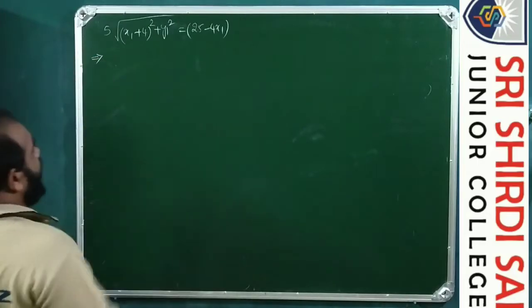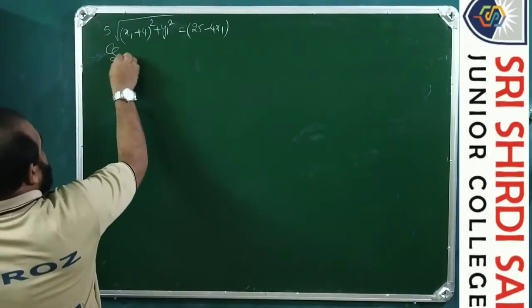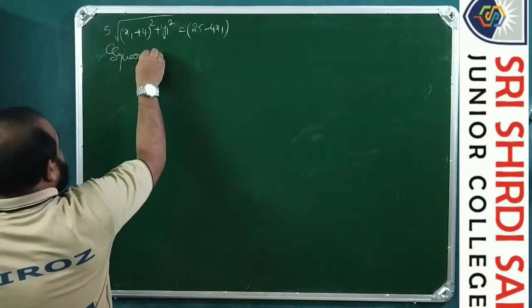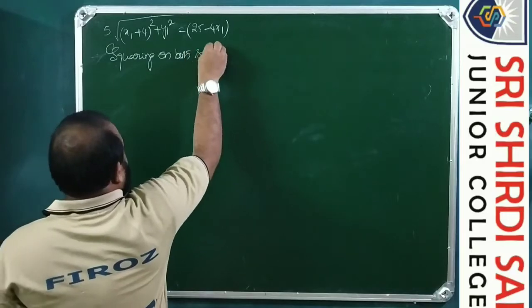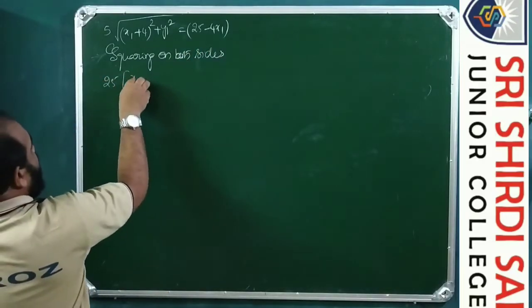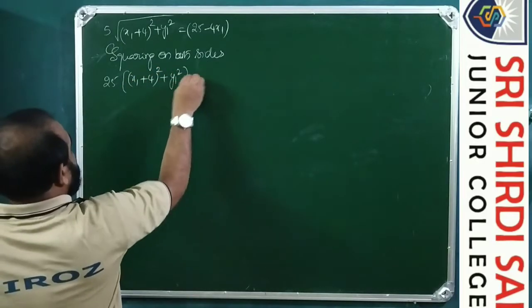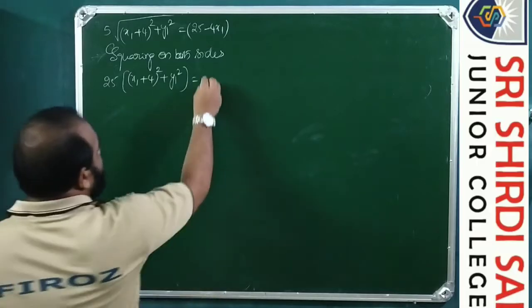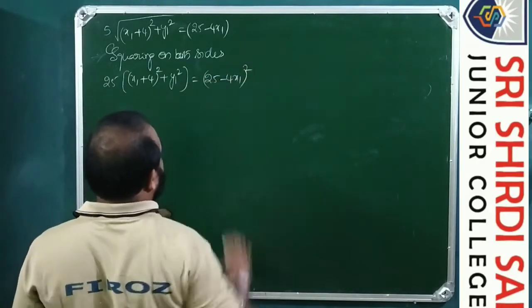Again, squaring on both sides, this is 25 into (x1 plus 4) whole square plus y1 square is equals to (25 plus 4x1) whole square.